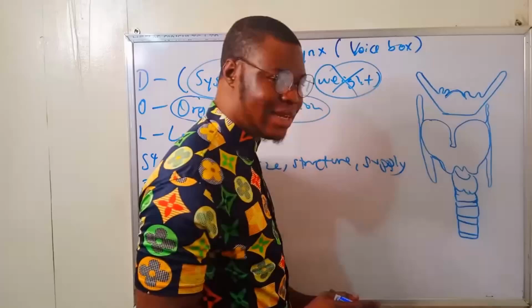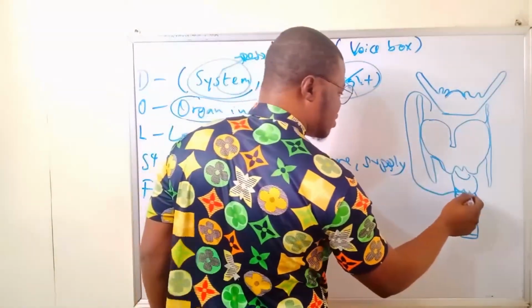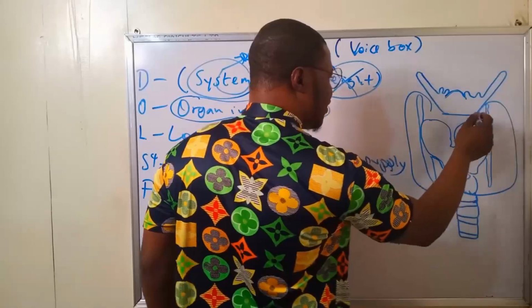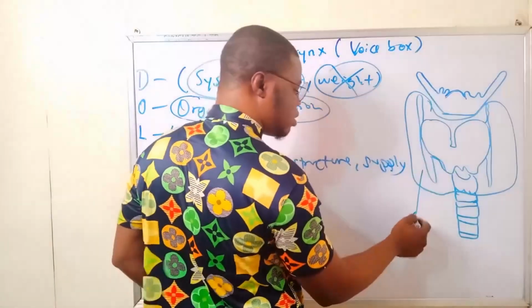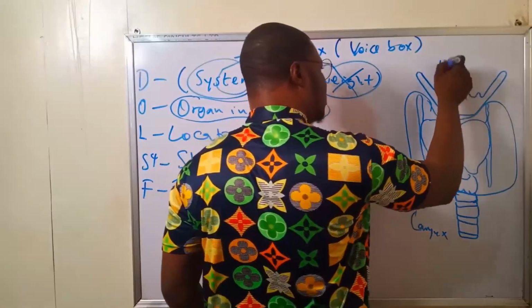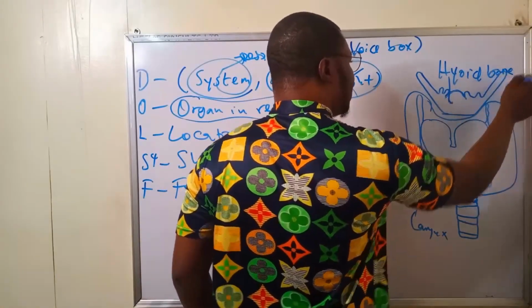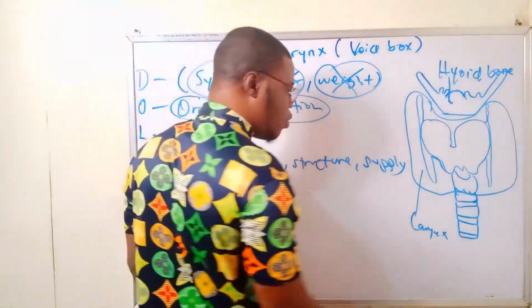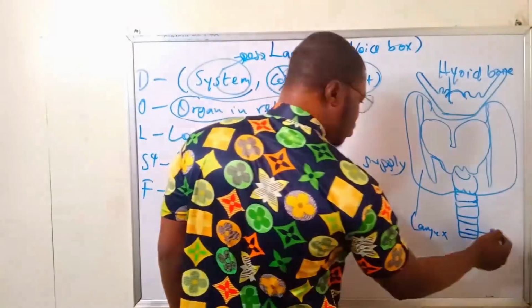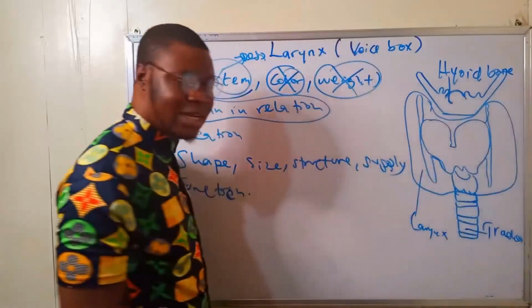Now the point is that all this part to this part is the larynx. So the what? The larynx. And on top of it is this bone called the hyoid bone. Hyoid what? The hyoid bone. And below it is this structure, which is called the trachea. As simple as that.